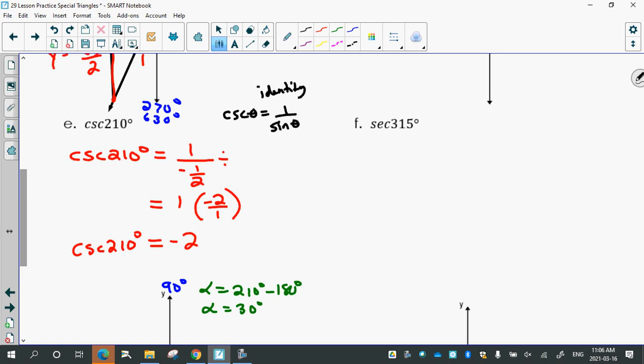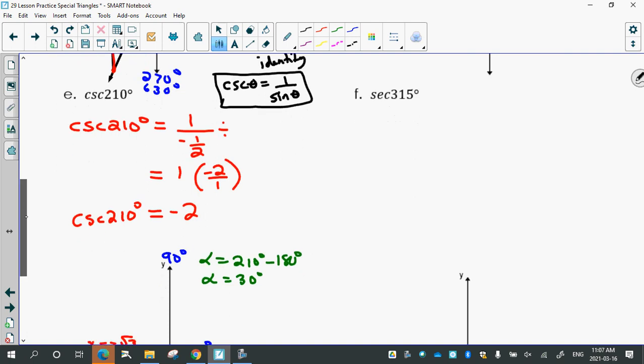So try 1 divided by the sine of 210 on your calculator. We want it to be negative 2. So 1 divided by the sine of 210 degrees should give you negative 2. You see that? So you used an identity in order to make sure that you're right. Okay? It's awesome. Good job.